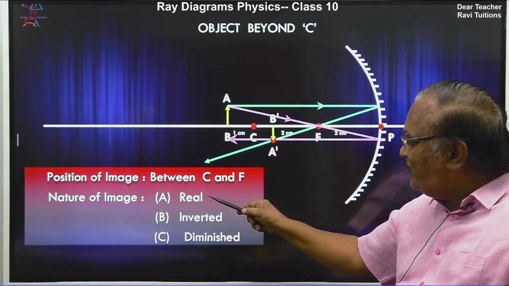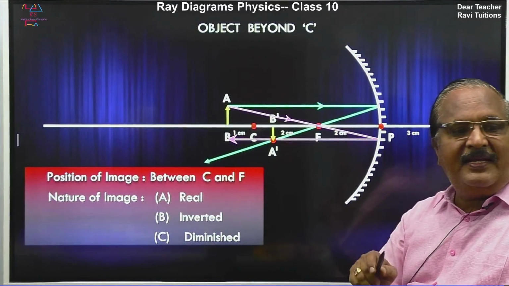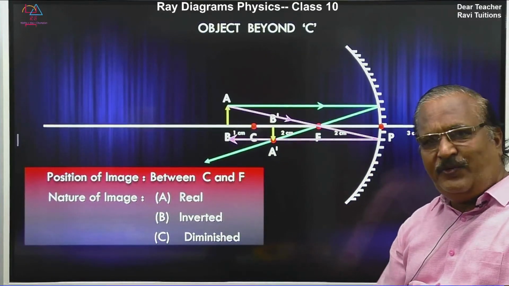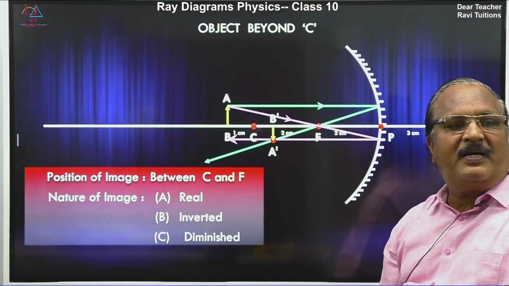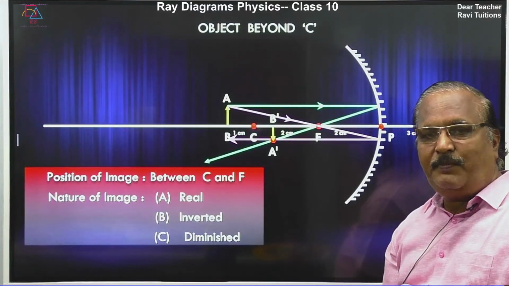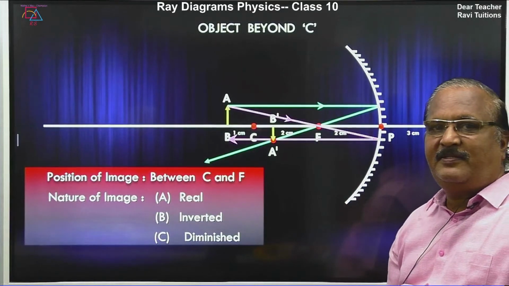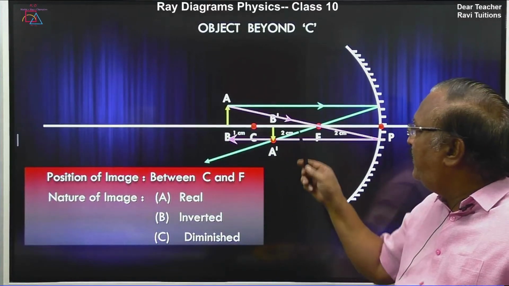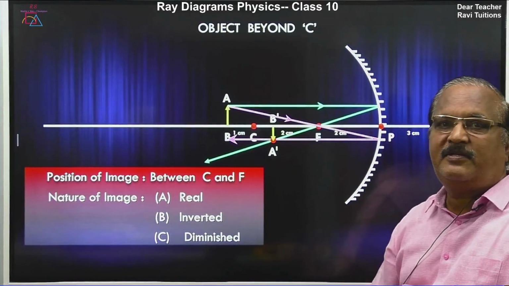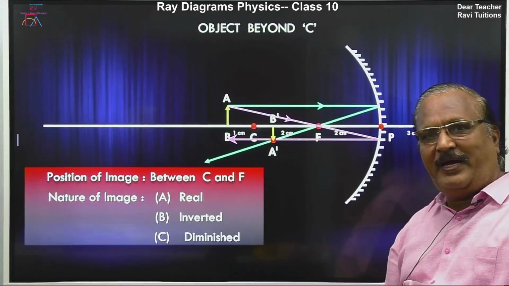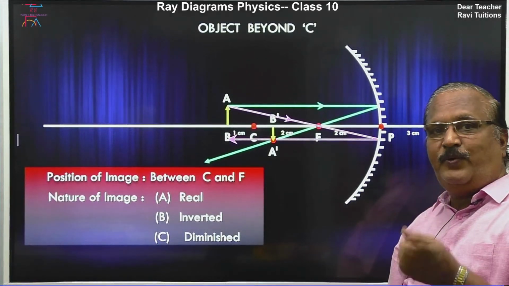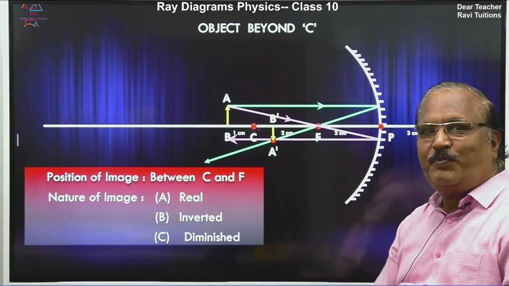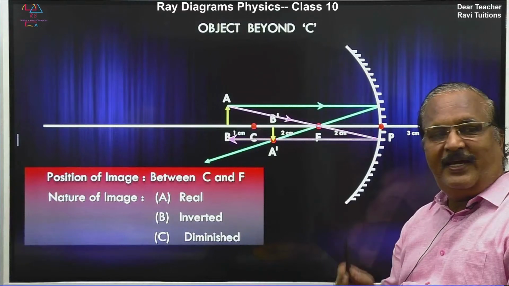You have to write these four points and draw the diagram. Then only you will get full marks, otherwise you will not. And for the location of the image to come correctly, you have to draw geometrically using geometrical instruments. Then only you will get the position properly, otherwise it will be crooked.